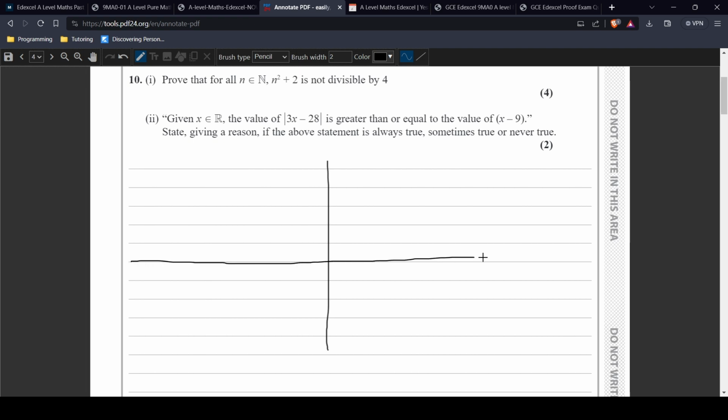For 3x minus 28, without the modulus, it would look something like that, and it would intersect the x-axis at 28 over 3. But we have the modulus, so the negative part will be reflected upwards. So this part of the graph won't exist. Let me just redraw that.